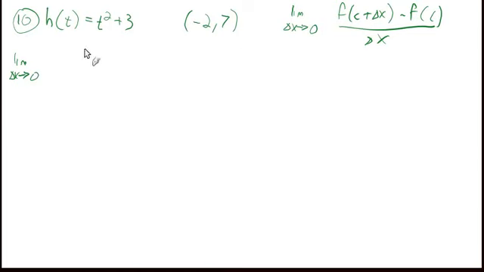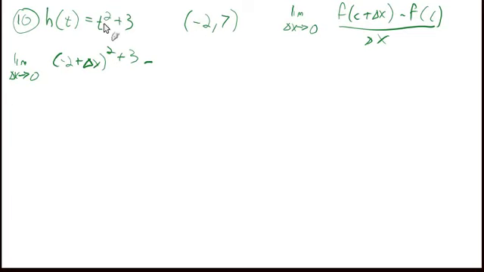So c plus delta x, that's -2 plus delta x, (-2 plus delta x) squared plus 3. That's quote-unquote f of c plus delta x. We could say it's h of c plus delta x, but either way, minus h of c, and c is -2.